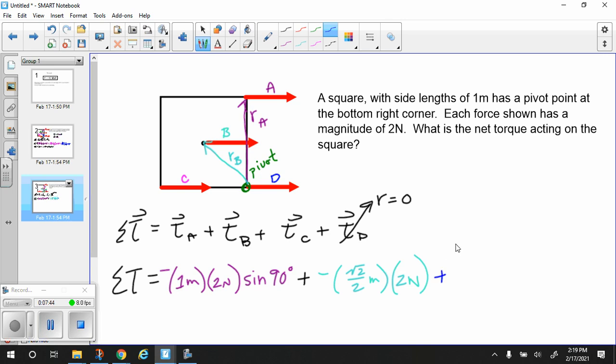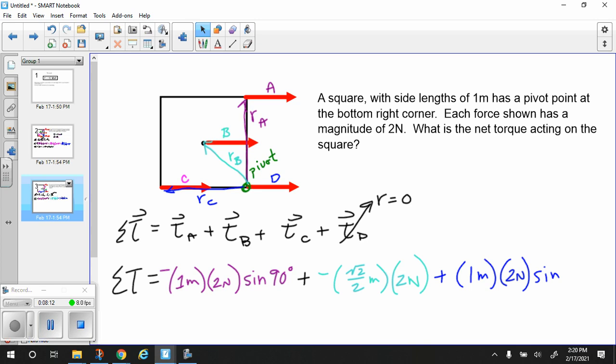And C is going to be, this is RC, but what do you notice about the angle between these two vectors? It's 180 degrees, right? So let's see what happens. So this is RC. So we get 1 meter times 2 newtons times the sine. Oh my goodness, I forgot that.